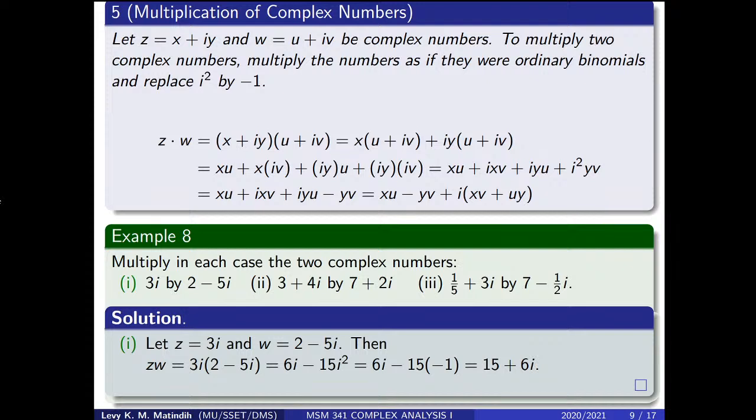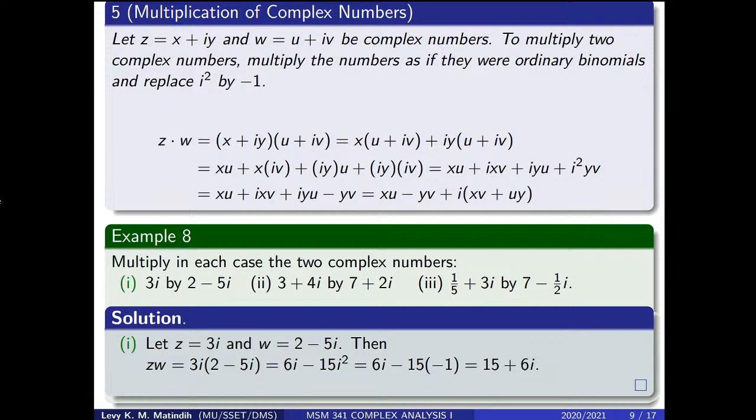After multiplying, after expanding, you need to add and subtract. That's when you need to follow the conditions for addition and subtraction, where you add the real parts together and the imaginary parts together.